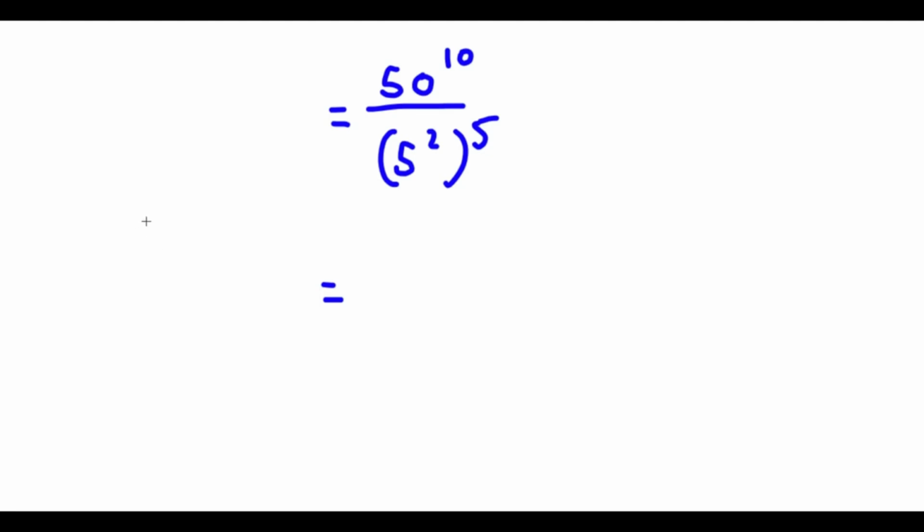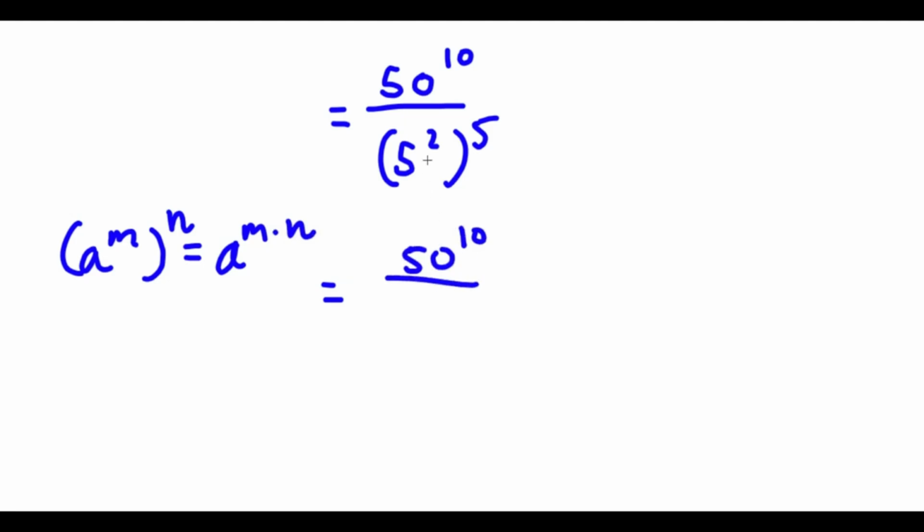Now, if I have something in the form a to the power of m to the power of n, this is equal to a to the power of m times n. So I have 50 to the power of 10 over 5 to the power of 2 to the power of 5. That's going to equal 5 to the power of 2 times 5.